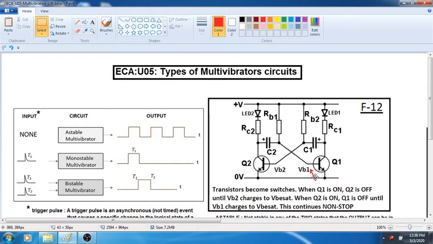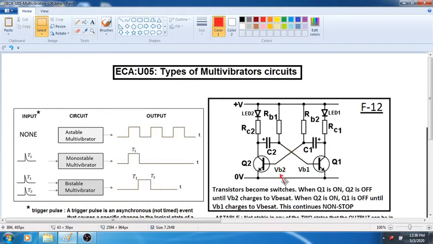Now you can see here the transistor Q1 and Q2 act like switches, and when this transistor Q1 is in saturation, that means Q1 output is low, then this transistor output will be high. And it will remain high until the voltage at C1 reaches 0.7 volts. We have already seen that.